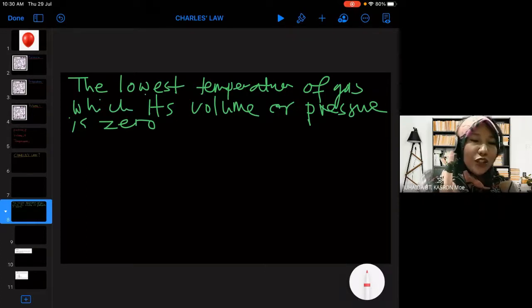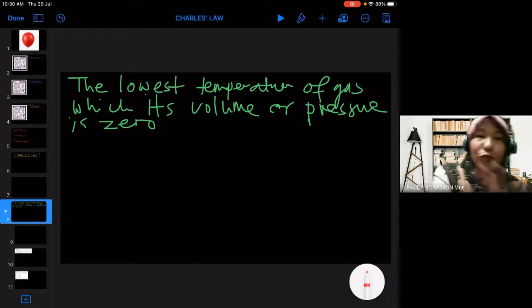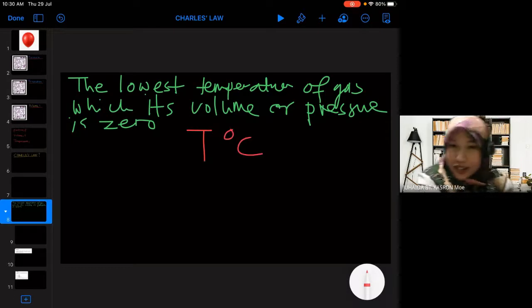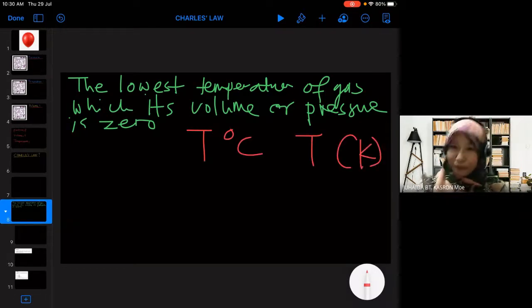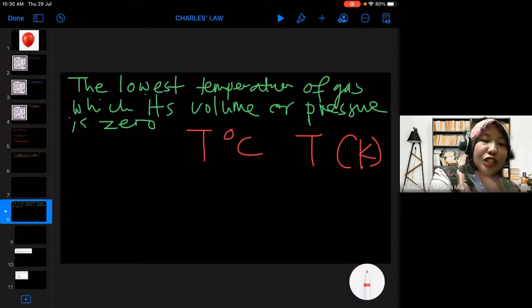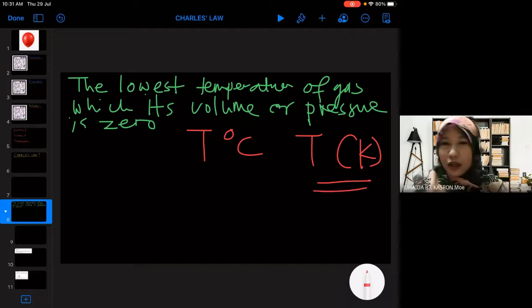Okay, so we want to know about the absolute temperature. Just now I said it is about the absolute temperature, right? Because we have two types of temperature: temperature in unit degree Celsius and temperature in unit Kelvin. So the absolute temperature refers to the temperature in unit Kelvin.